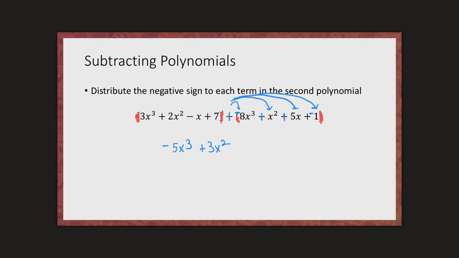I can combine those together. 5x minus x is 4x, so plus 4x. And then my constant terms, I have a 7 in the first polynomial and a negative 1. 7 minus 1 is 6. I will say plus 6. And I successfully subtracted these two polynomials.